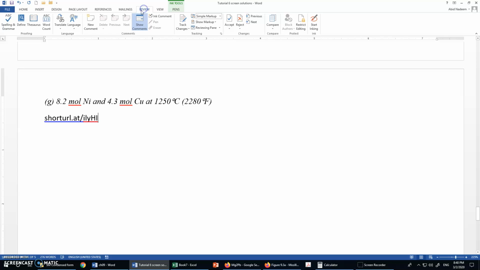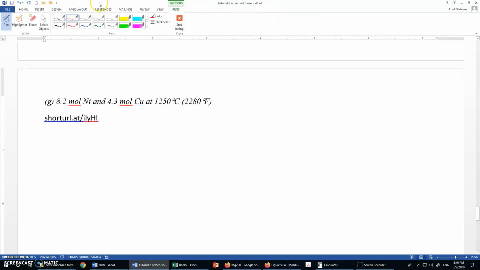So here we have to find the phases for this given alloy: 8.2 mole of nickel and 4.3 mole of copper at 1250 degrees centigrade. So we need to find the compositions. For these compositions we need to find the weights first, and the weight we can find in grams from these moles.